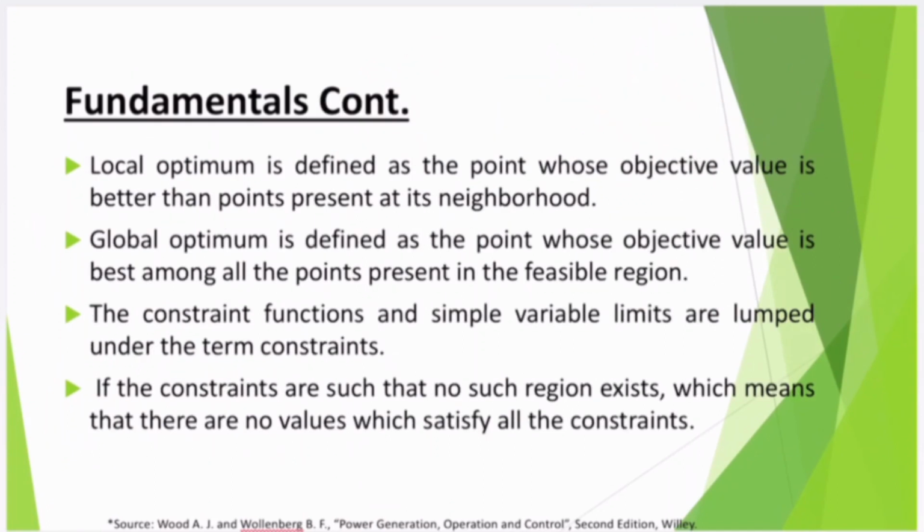Now, local optima is a very common term, because there are a few functions which keep on oscillating and are not convex functions. Let's say I talk about a function which keeps on oscillating.